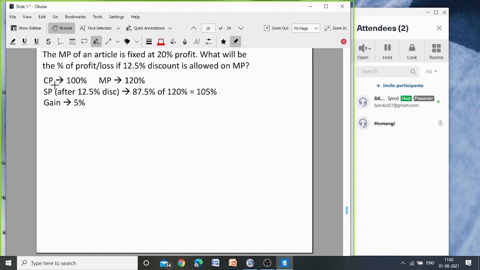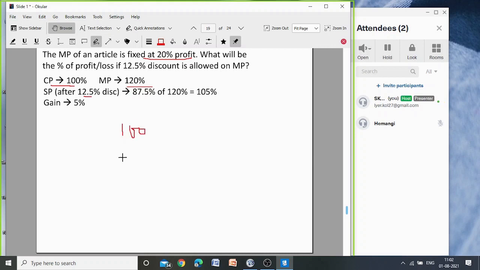So cost price, this is a fixed one. Cost price is always 100%. And you are marking 20% above, that means your mark price will be 120%. Now you will be giving 12.5% discount. Always the original is 100.